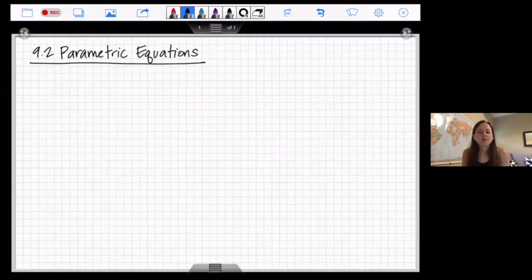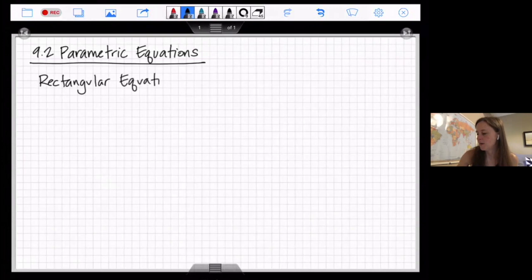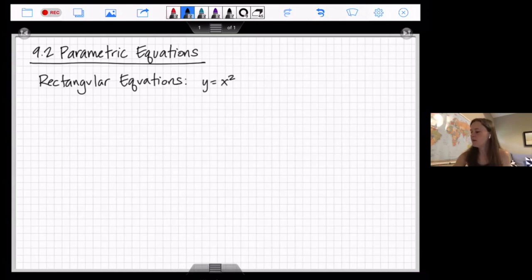All right, so the equations that you're used to dealing with are what we call rectangular equations. Okay, so these are things like y equals x squared, and even our conic sections like x squared plus y squared equals 1. All of those equations that have the relationship between x and y sort of explicitly out there in the equation, those are called rectangular equations.